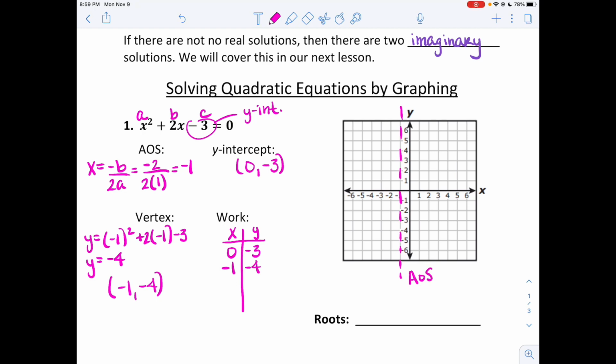I can plot my vertex at -1, -4, and I can plot my y-intercept at 0, -3. If I have that point, I can also mirror it over here to get another point, but I still need to find my x-intercepts because that is what is going to define my roots or my solutions or my zeros. So let's go ahead and jump over to Desmos and get some more points on our graph.